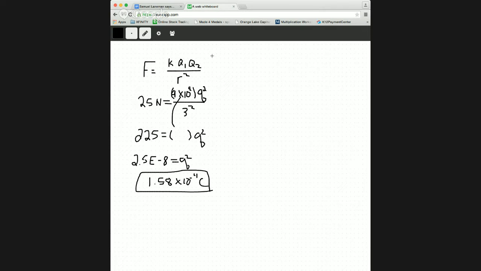While we're doing this one, let me just go to number 12 real quick, because that's, again, more relationship questions, and we like to ask relationship questions. So, if we look at number 12, we have a force of 200 newtons, and we have 2 different values of Q, and we want to know what would happen if big Q were doubled.